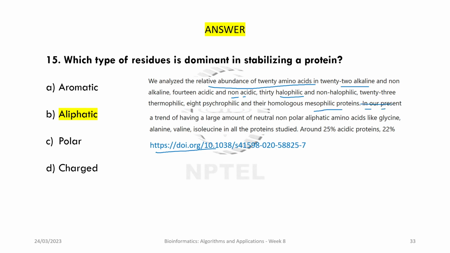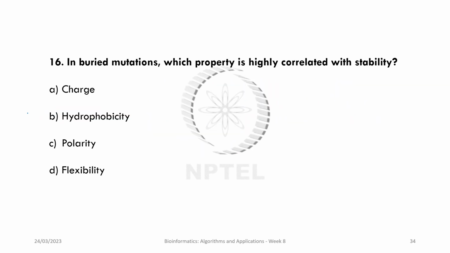So we ignore this; this is a separate part, and this is the second part that I just cropped. I don't want to bore you with the entire article. You can always go to the DOI and search. A trend of having a large amount of neutral, non-polar aliphatic amino acids like leucine, alanine, valine, isoleucine, and all was seen in every protein studied, and the article goes on. So this is another justification I brought for aliphatic.